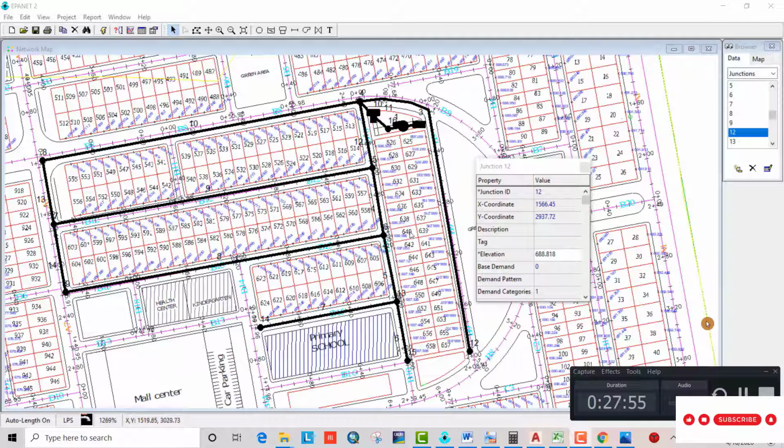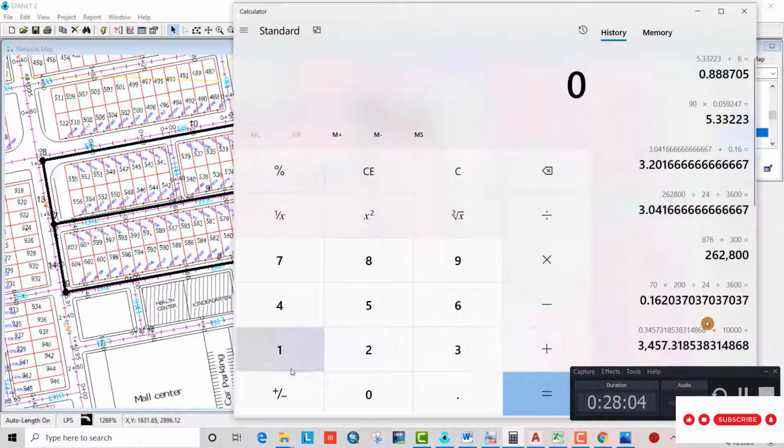Calculate the demand for the 17 houses, 17 multiplied by 0.059.